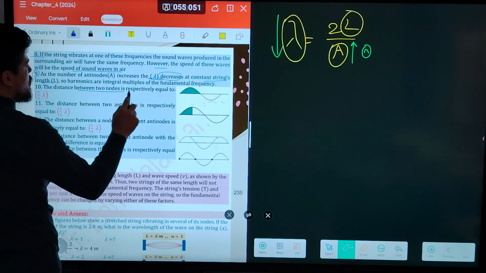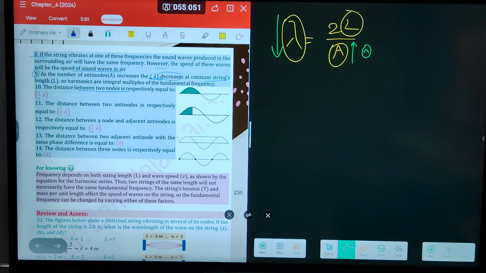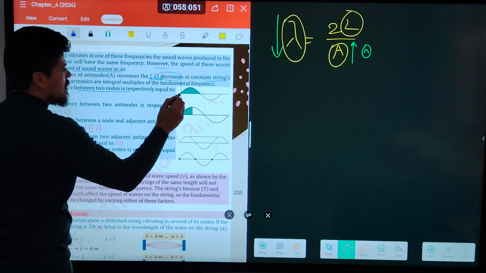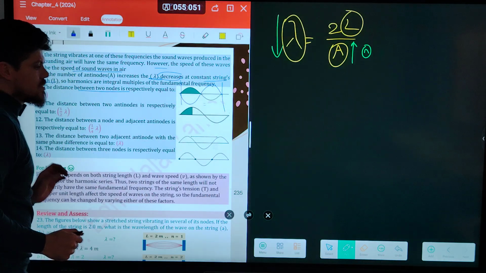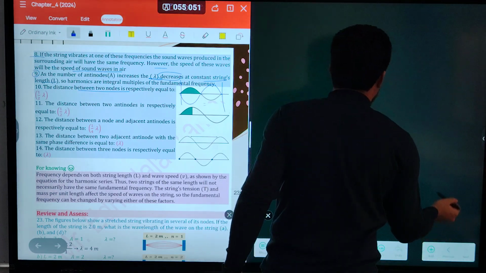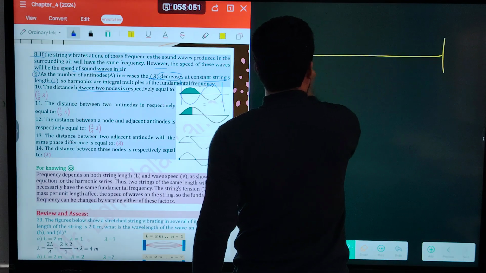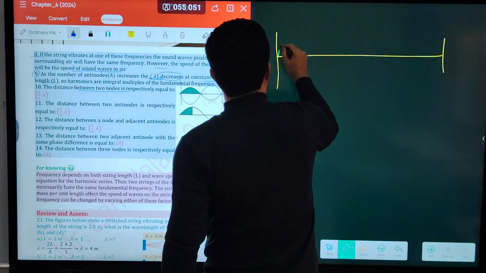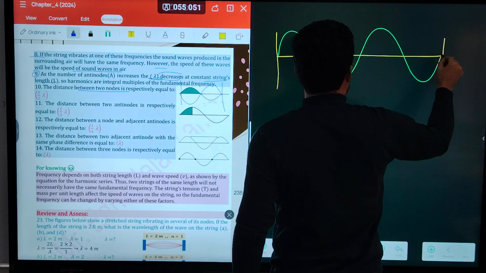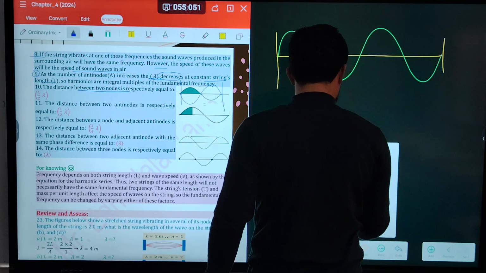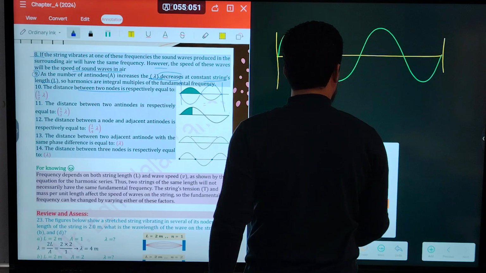The distance between two nodes, respectively, is equal to half a wavelength. Distance between what? Two nodes. Guys, look. This is the sending wavelength and this is reflected.